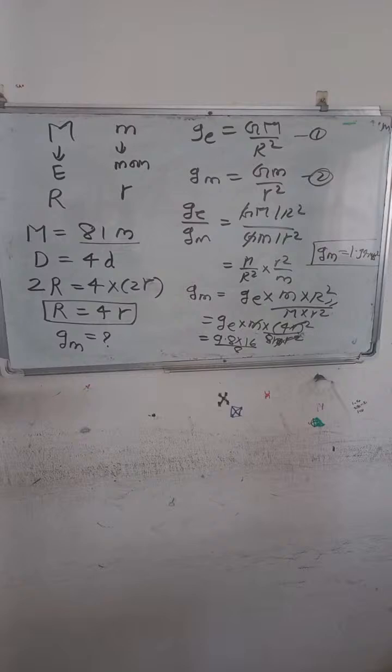Are you getting how I assumed the mass, how I obtained the relation between diameter and radius, and how I substituted? This kind of question is mostly asked in the exam.